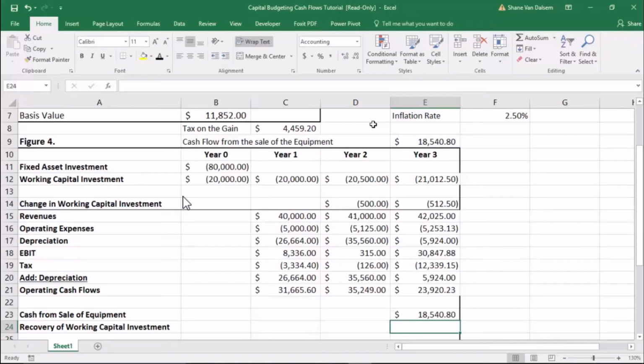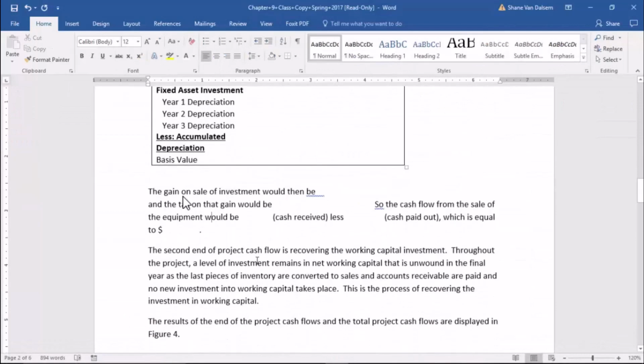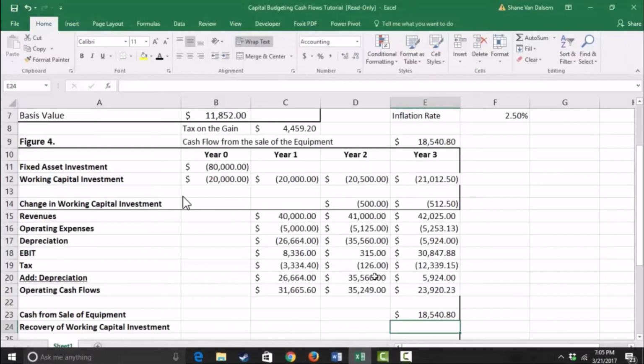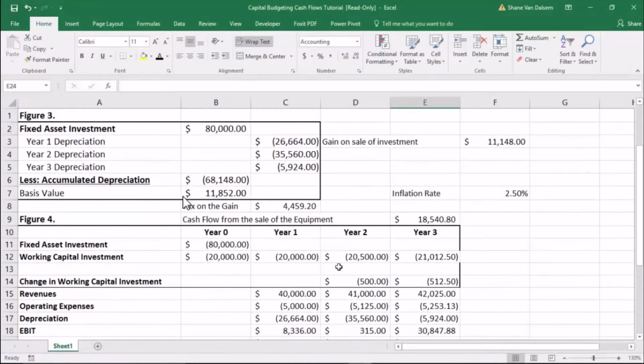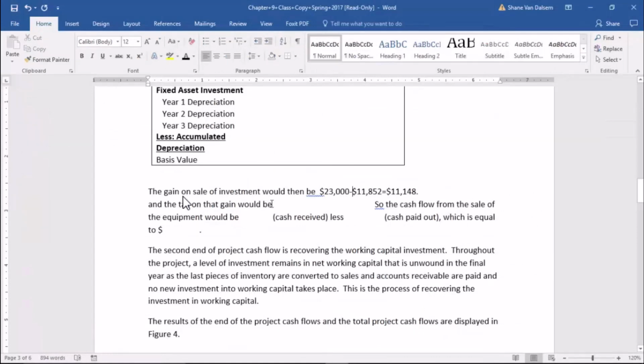So what happens here, and let me go back to the tutorial. The gain on the sale of the investment, I've already put these in here, and I'm going to show them again to you. So the gain on the sale is the $23,000 minus the book value. So it's $11,148. So that's our gain on the sale. And the tax on the gain is $4,459.20.